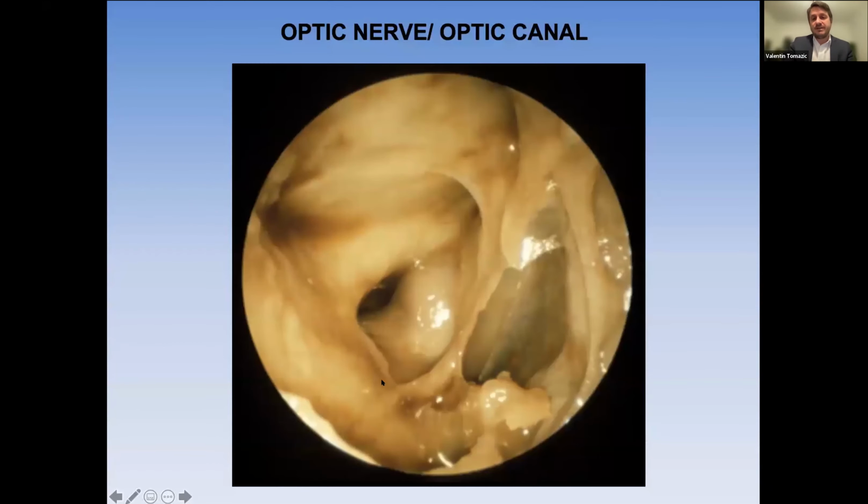As you heard previously, there is an anatomic variation that is called an onodi cell. And if you think you see the optic nerve and the carotid artery, be careful not to mistake it for the sphenoid sinus, because in this case you see that there is a lamella that is just running over the carotid artery, and the sphenoid sinus is behind this thin bone.